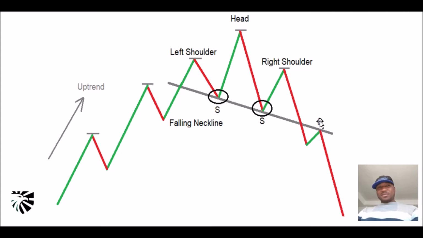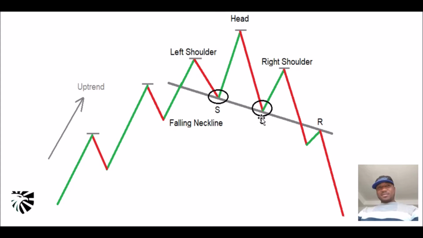Then the sellers will go into the market, and before you know it, you will see the market going down, going down, going down. Why will the market go down? Because the right shoulder is telling you that since the market couldn't produce a higher high, it's a sign that the bullish market is weak.